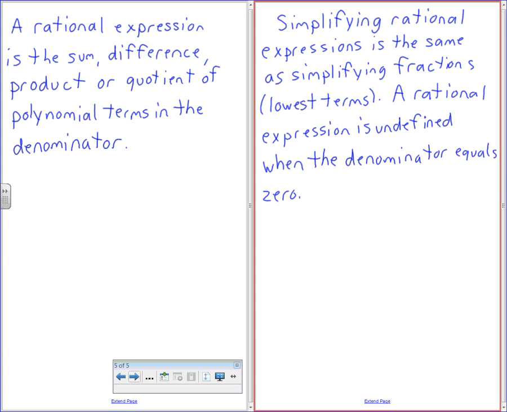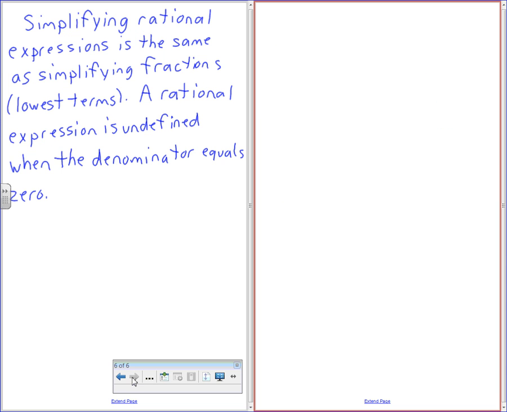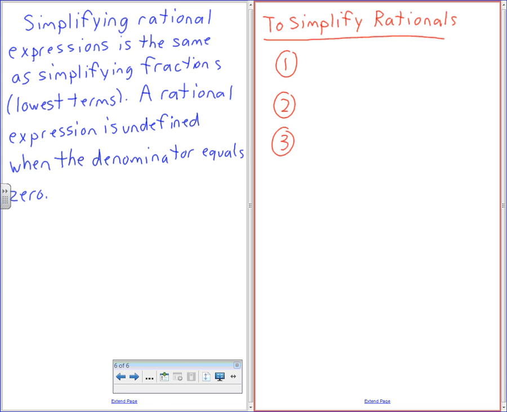Okay, so I'm going to write out another note in English here. This is it though for notes right now. To simplify our rationals: number 1, factor everything.